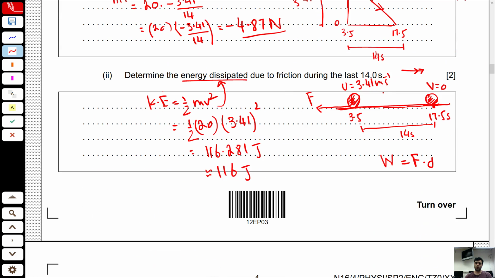Or, if you don't want to use this method, you can simply find the initial kinetic energy that the ball possesses at the start of the motion, because that entire kinetic energy is converted into work done against friction and ultimately lost as heat or another form of energy as the body decelerates to zero.